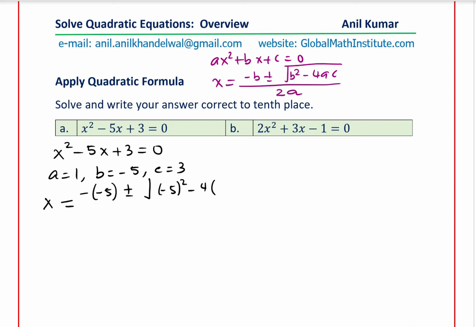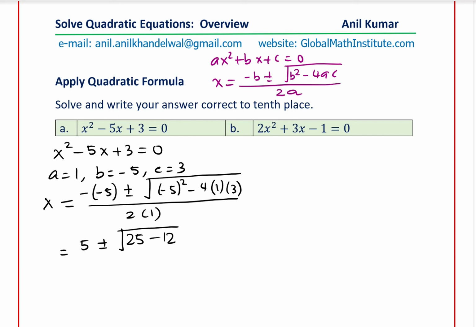So a is 1 in this case and c is 3. So substitute these values in the formula and find the answer. So we get 5 plus minus square root of 25 minus 12, over 2. So that gives you 5 plus minus square root of 13 divided by 2 as your answer.